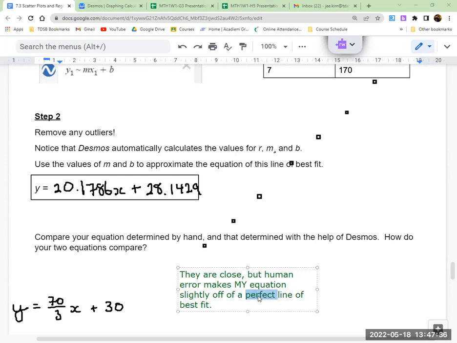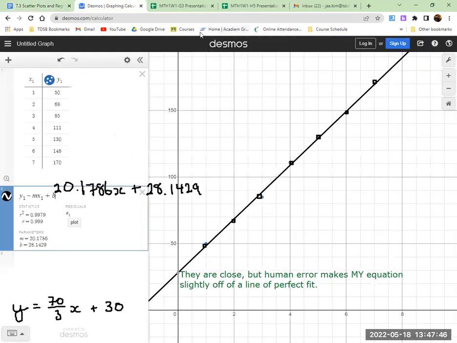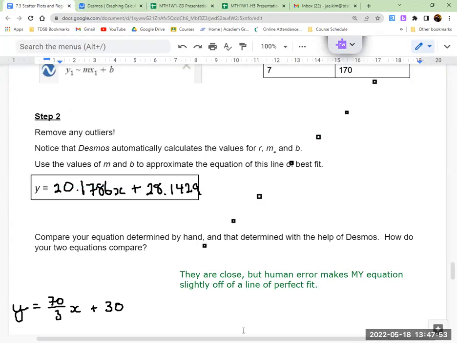Instead of perfect line of best fit, let's call it line of perfect fit. So the computer will find you the slope and y-intercept. And this is something you can take with you even into grade 10, when we stop doing line of best fit and you start doing some curves as well.